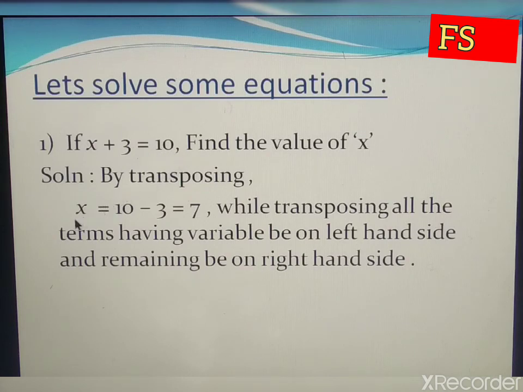So by transposing, x is on the left hand side, and the other number which does not have any variable goes to the right hand side. So 10 is here itself, then this plus 3 is coming to the right hand side and becoming minus 3. So 10 minus 3 is equal to 7. So the value of x is equal to 7.